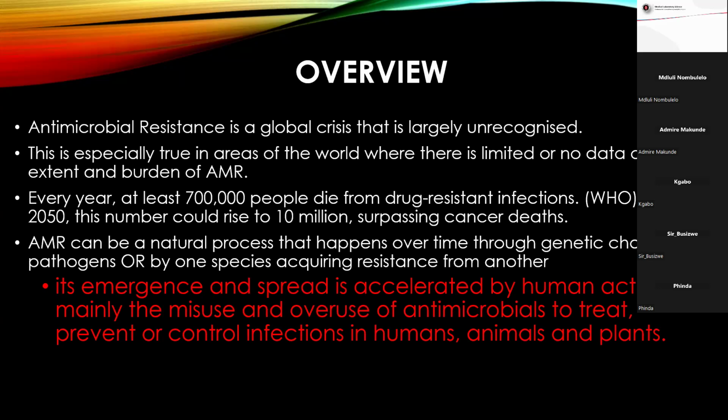And as I said, this can happen within the shortest period of time. Under normal circumstances, if everything is stable, the natural process takes a longer period, but the accelerators, which are mainly human practices, lead to acquiring resistance from other pathogens.